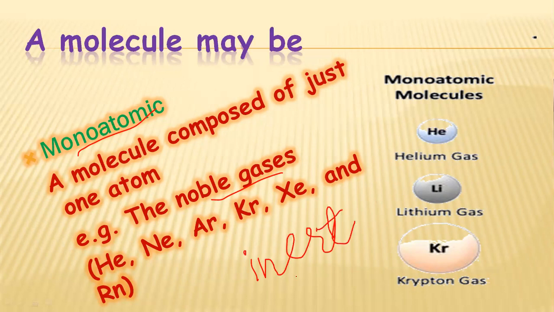That's why they are called inert gases, because their outer shell is filled with electrons. They do not have the capacity to accommodate any other electron. They're called monoatomic, meaning just one atom forms the whole element, like helium, krypton, argon, xenon, and radon.